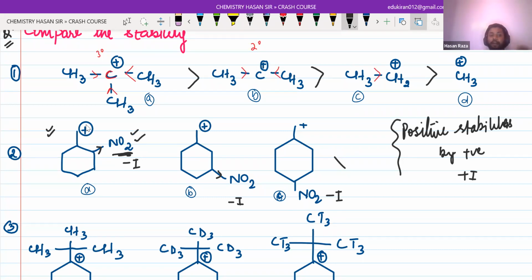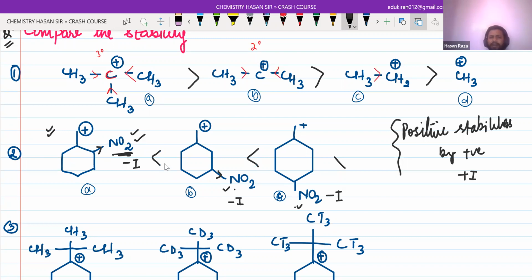And since it is nearer to this carbocation, it will withdraw more powerfully as compared to this NO2, and then this NO2. This NO2 is far away from both A and B. That's why the more stable will be like this.